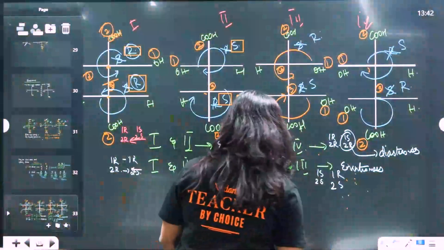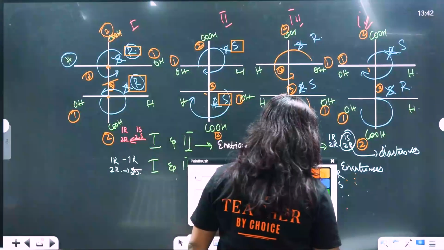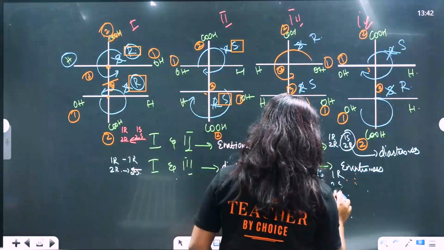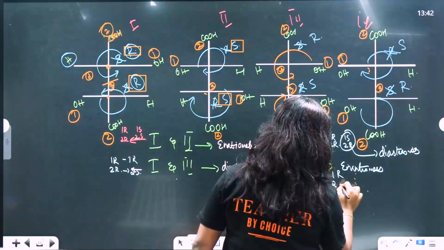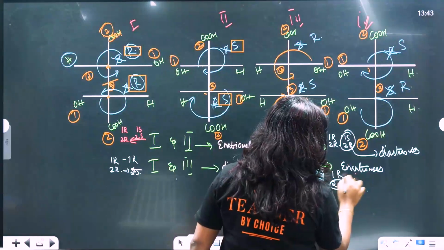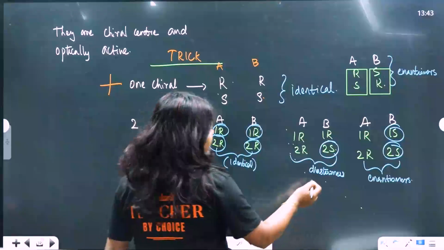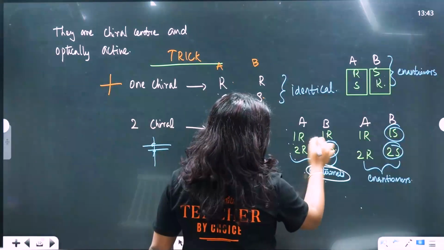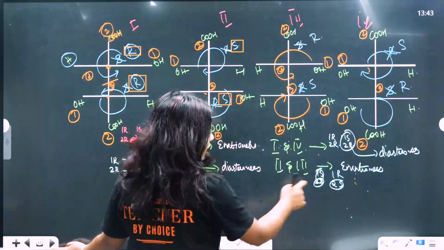Only one has changed. Let's see here. Everything is S except one. Here a doubt came up, one second. Everything is S except one. So only one is changing means that is actually diastereomers, right? Everything is R except one. So the same thing.